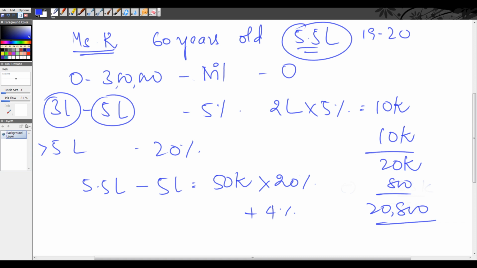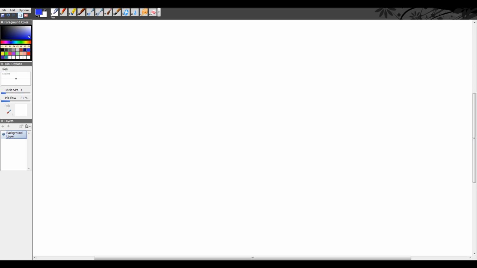I did not understand the last concept. Okay. Again, what I meant was, let's assume for a second that Miss R will get the rebate. She will not get it because her income has exceeded 5 lakhs. If at all she gets the rebate, her liability is 20,000 now.